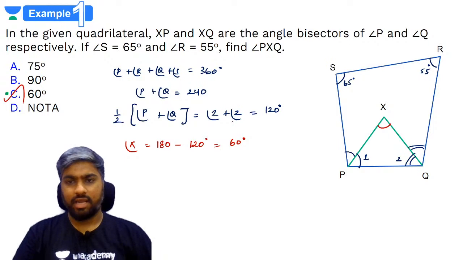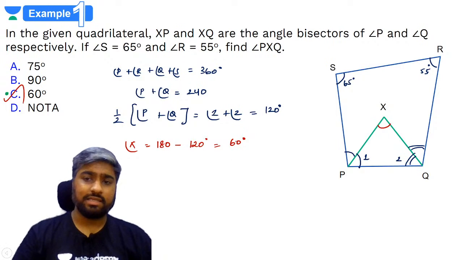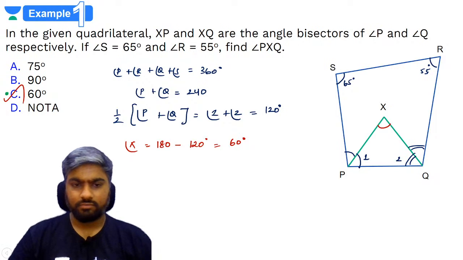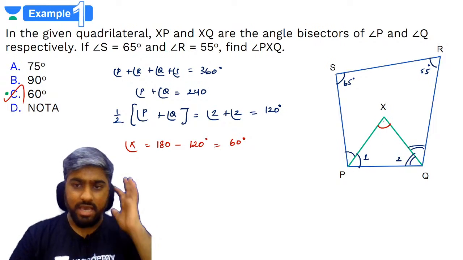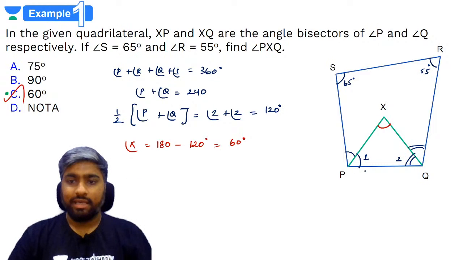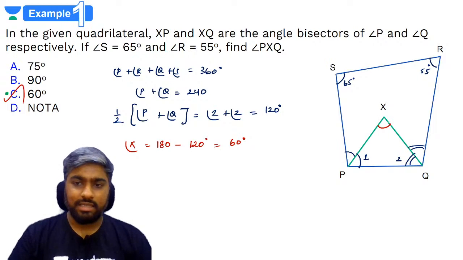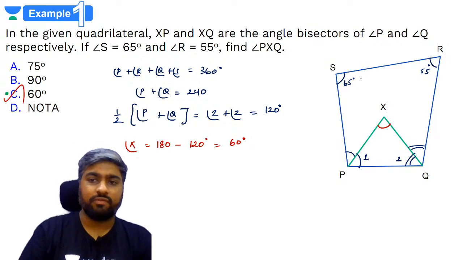Very standard, very regular. Now with this you can get a property of quadrilaterals. This property says that if the angle bisectors of two adjacent angles are joined, in this case XP and XQ, they intersect here, and the angle formed by them would always be half of the sum of the other two angles.